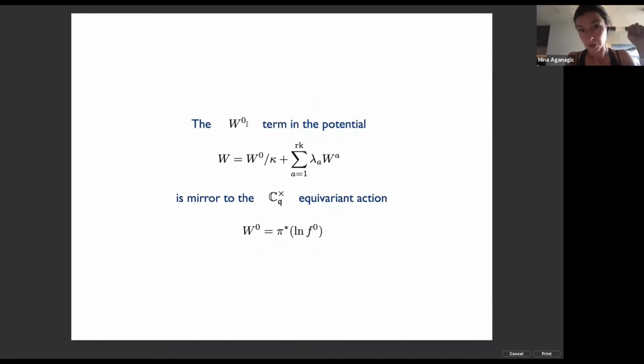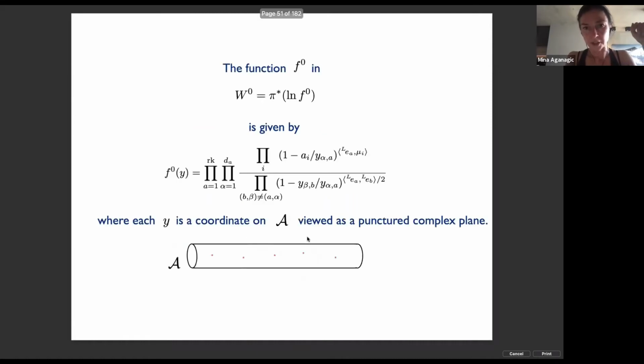The W0 term in the potential is mirror to the equivariant action that provides the variable Q. W0 is a logarithm of a function f naught, which, since we are working on a symmetric product of copies of the Riemann surface, in terms of coordinates coming from viewing the Riemann surface as a punctured complex plane with 0 and infinity deleted, is given by the following formula.